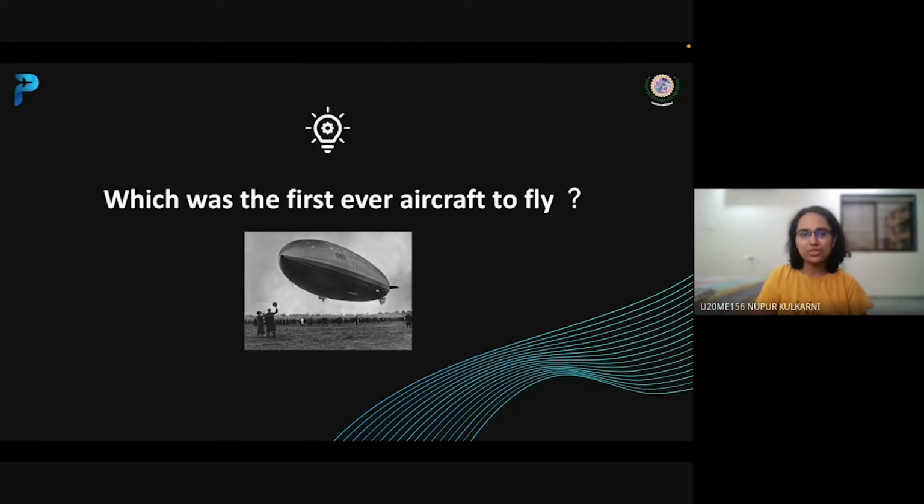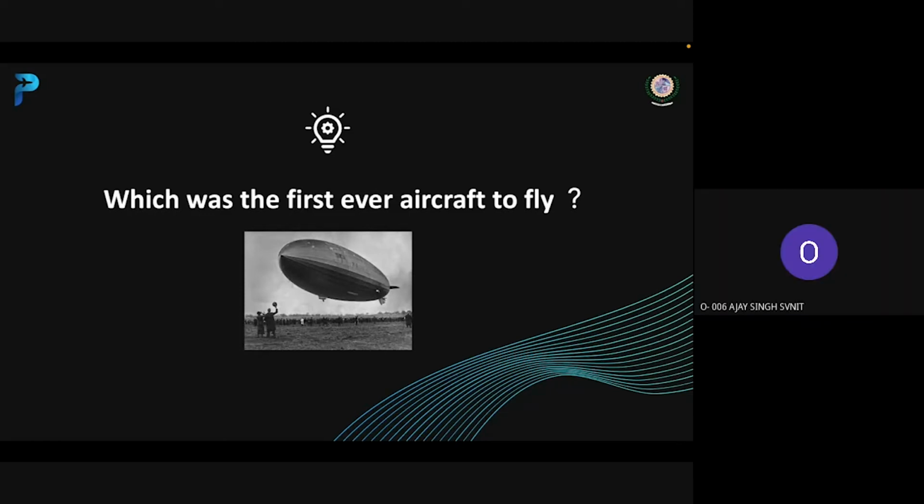As I'm using the word aircraft and airplane, what do you think, are both the same or different? Different. I suppose they're different. Aircraft are machines that can fly. An airplane is a type of aircraft.